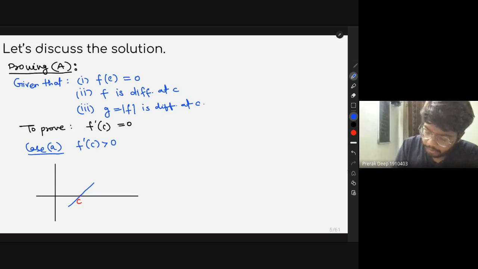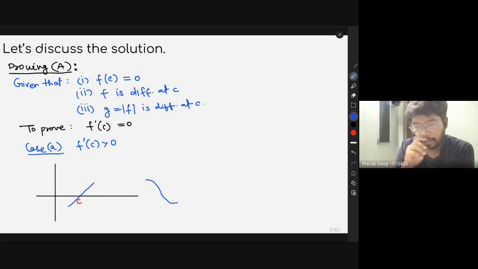It can't be a graph which has negative slope.